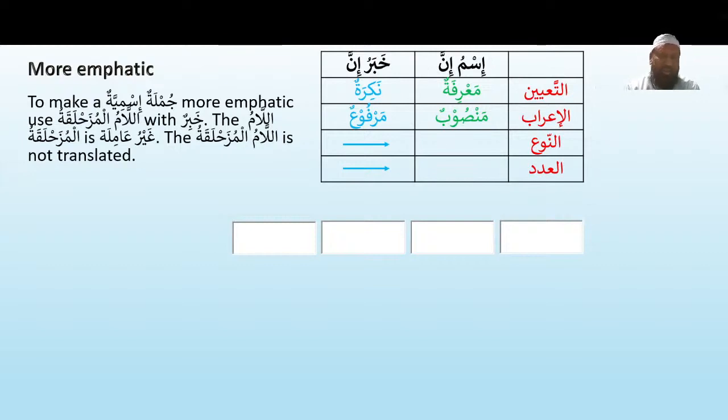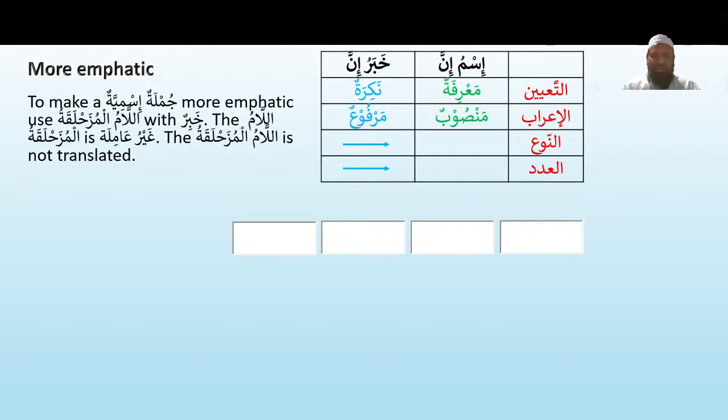Again, it doesn't do anything. It is also not translated because we'll have inna there. So when you translate, indeed. But when we look at it, we know more emphatic, more than just inna. When lamul muzahlaqa comes with khabar, more emphatic.